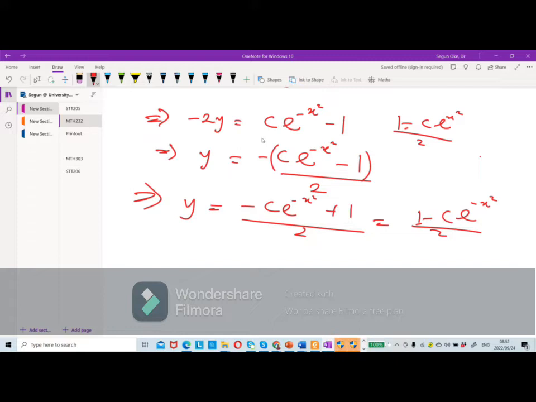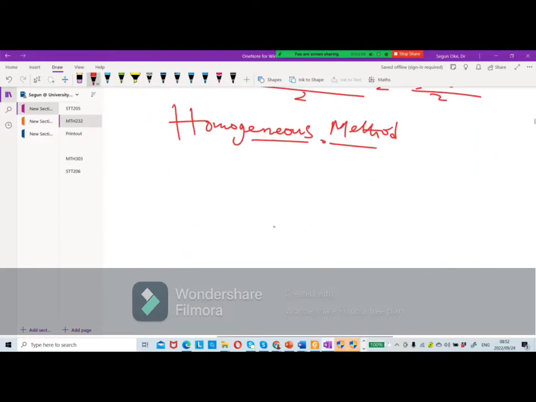Okay, let's look at the homogeneous. There is one in our textbook, which I will still explain later, but let's look at this. Homogeneous method. The homogeneous method is a kind of method that demands our attention.